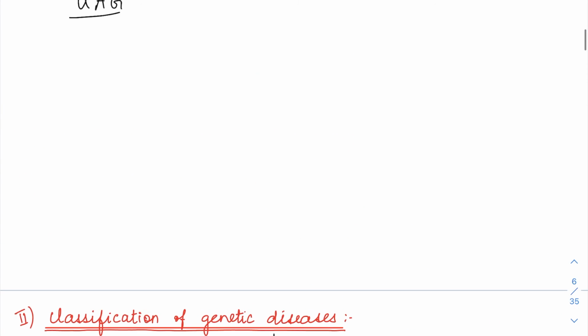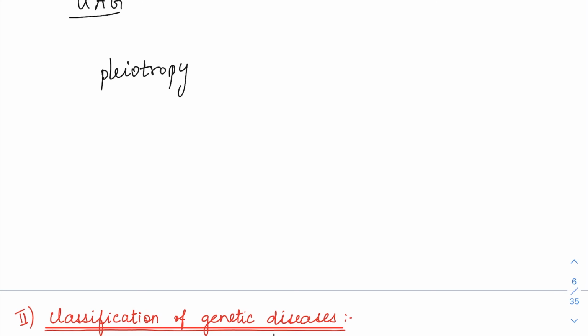So now we have seen that. One other thing I wanted to mention is pleiotropy. Pleiotropy, in the sense, a single gene mutation can result in various manifestations of the disease. Suppose, for example, you take Marfan syndrome. Marfan syndrome is an autosomal dominant disorder. Here one of the patients is going to have a tall habitus.